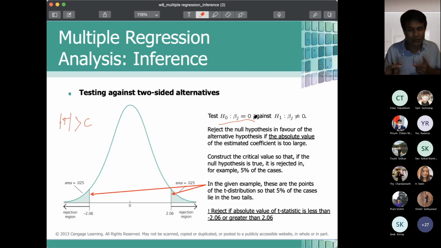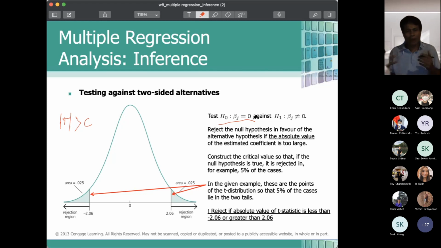When there is COVID, dropout rate gets higher. So we believe that COVID has a positive effect on dropout. If that is the case, you use one-sided, greater than 0. However, in another study, when you want to estimate the effect of COVID on income, you believe that the alternative hypothesis is a negative effect on income.